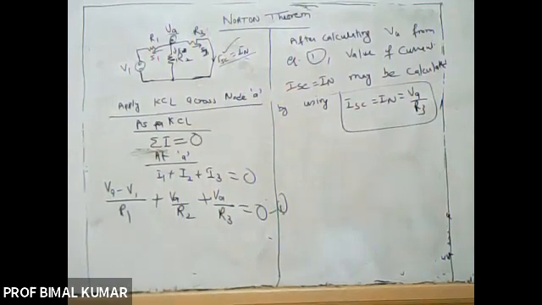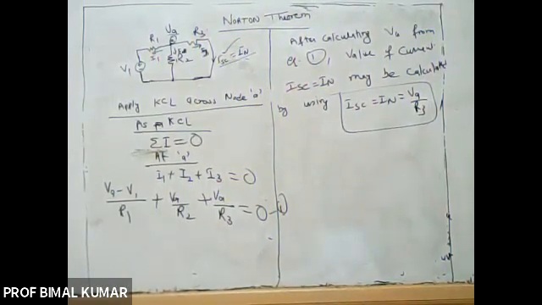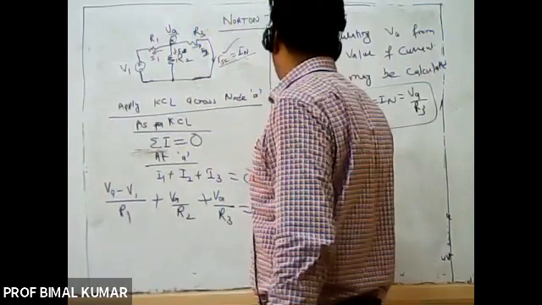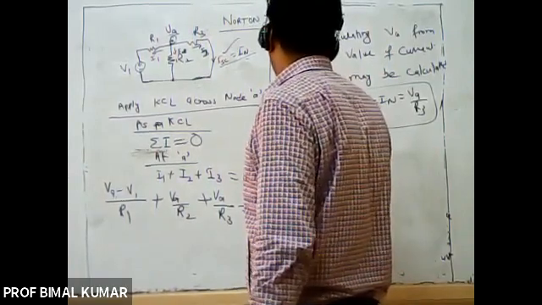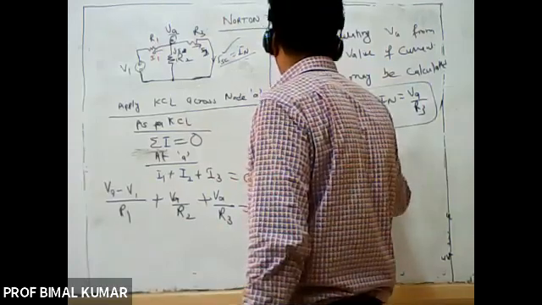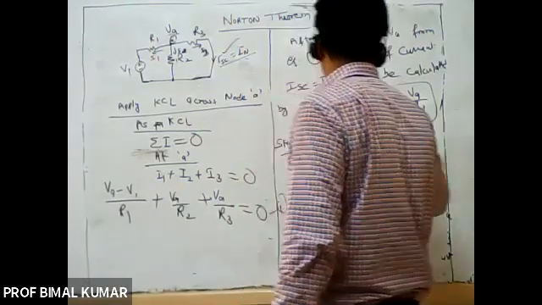In one of the steps I had calculated RN, and in this step I calculated ISC, the Norton current. Now the next step is step 6: make the Norton equivalent circuit.